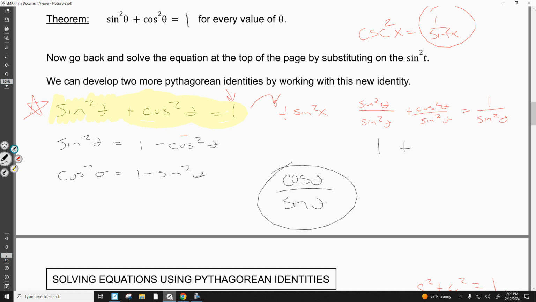Cotangent. What's 1 over sine squared? Cosecant squared. We just manipulated our Pythagorean theorem in our unit circle to be something that deals with cosecants and cotangents.